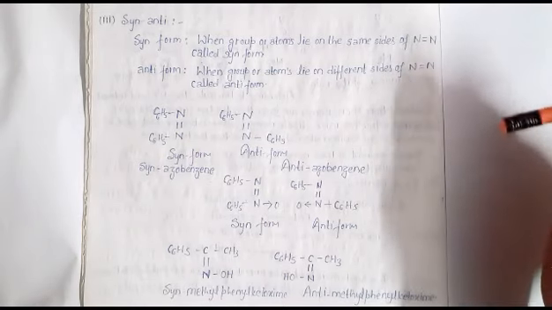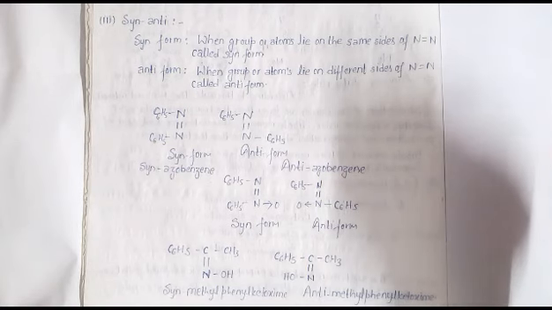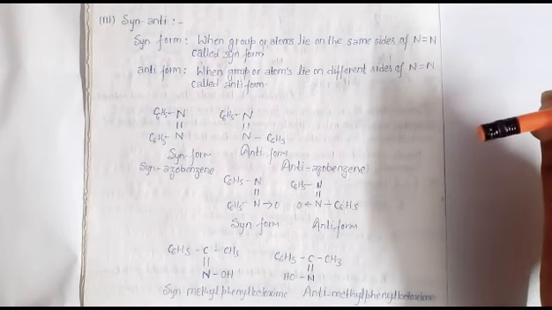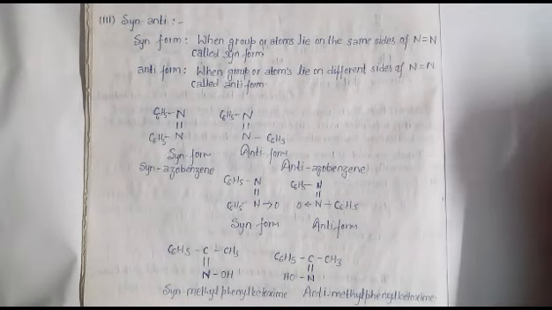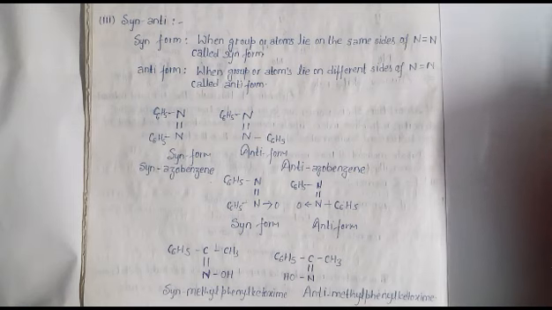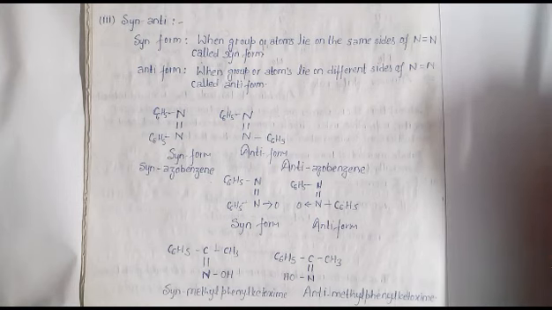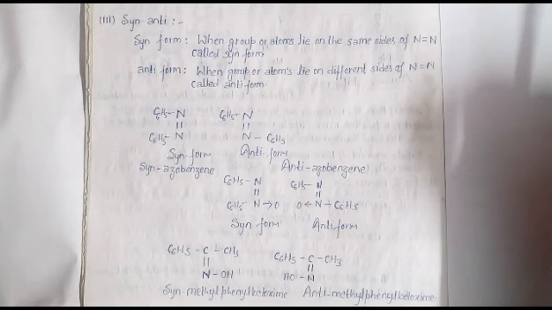E and Z isomers are based on the Cahn-Ingold-Prelog system, also known as the CIP system, where higher priority is given to the atom or group of atoms which has higher atomic number. For example, if fluorine, chlorine, bromine and iodine are attached around a doubly bonded carbon atom, then higher priority is given to iodine, then bromine, then chlorine and then fluorine.